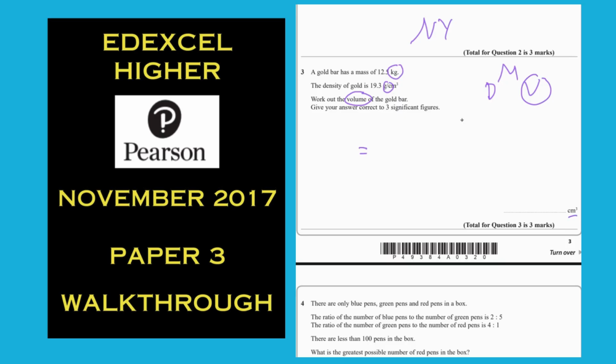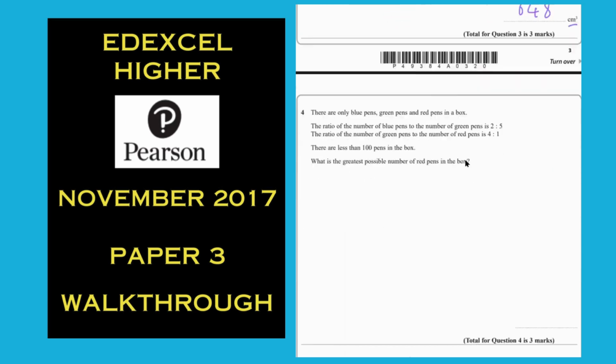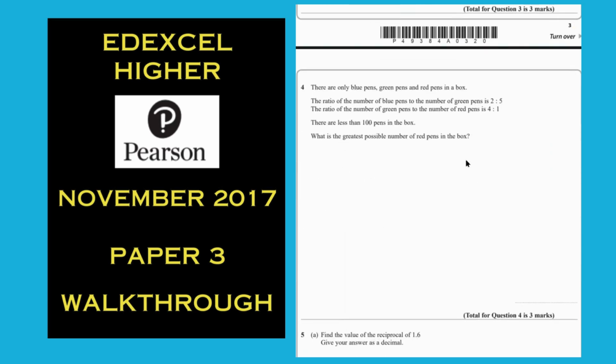But the mass, because it wants the answer in centimetres cubed, and we've got grams per centimetres cubed, easiest thing to do is get rid of the kilograms and say that the mass is 12,500 divided by the density. It wants 3 sig figs. Answer is 647.66. So we go to 648.